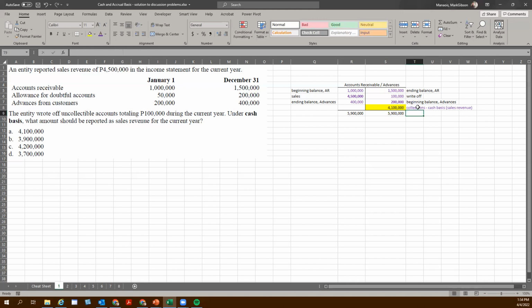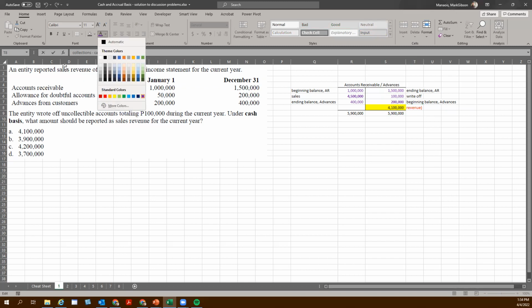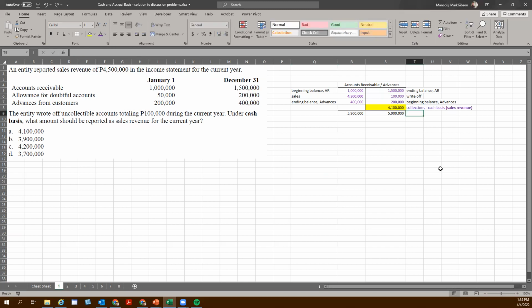Sige, ulitin ko to ha. So sabi natin, di ba, pag cash basis, we are just looking into the flow of cash. So ang nire-record natin na sales revenue would all be the collections. So ito yung from AR. Kasi we also have cash sales, you know?